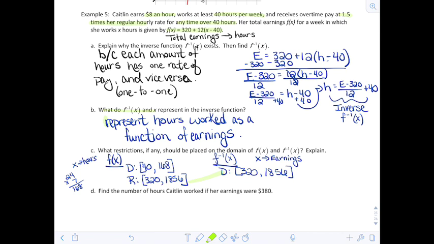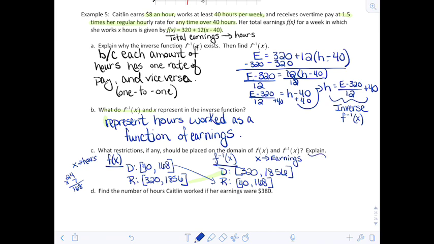My old range is my new domain for the inverse. And then my range, my output, is my hours. And the possible hours that I could have would be from 40 to 168. So they just completely swap places.